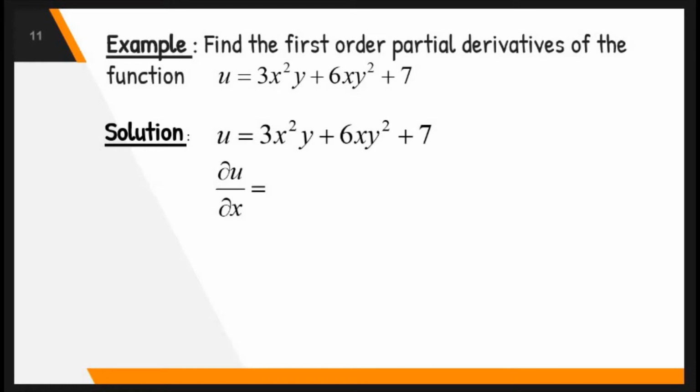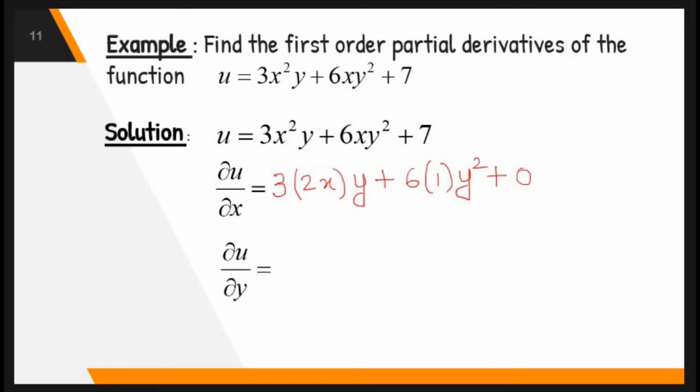When you differentiate with respect to x, y is kept as a constant. So here 3 is constant and the derivative of x square is 2x, y is constant, as I told you, plus 6 into the derivative of x, which is 1, y square is constant again, plus 7 is a constant, so its derivative is 0.